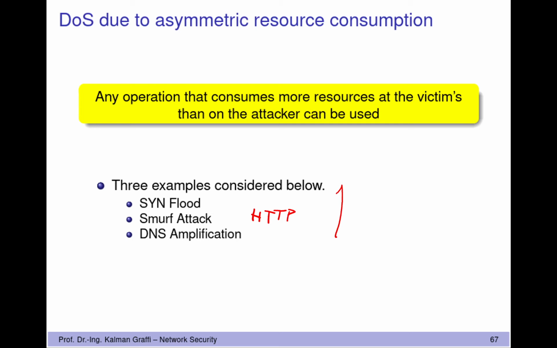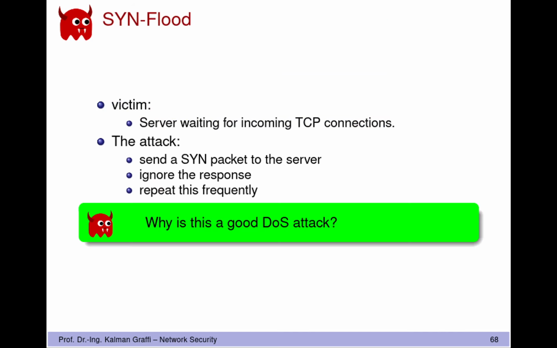So what is a SYN flood? In which protocol are you aware of the term SYN? Yes, exactly, TCP. Typically, if you want to establish a TCP connection, we have a TCP handshake. This is the client, this is the server.